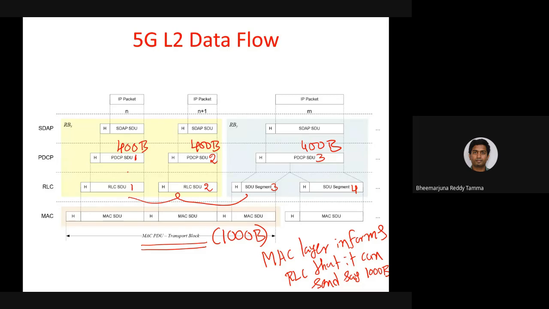Another option that you can think of is doing the padding. But doing the padding basically means that you are wasting the spectral efficiency. Because in this case, I can send 1000 bytes, I can put 800 bytes and add 200 bytes of padding, which is wasting the radio resources. So rather than that, I'm taking another PDU and segmenting it into 2 parts.